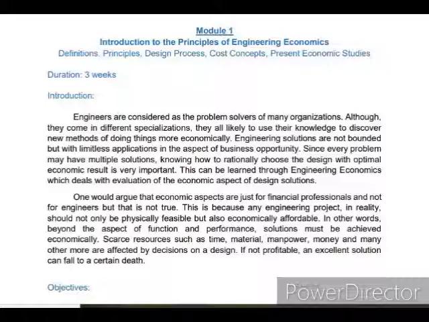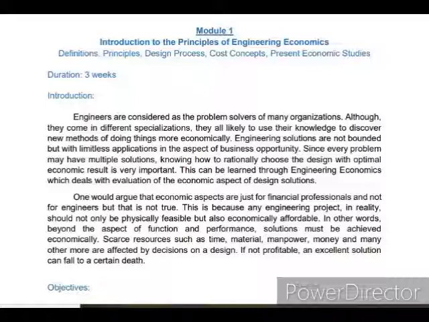A problem may have so many solutions, but we engineers don't easily select a solution. We are going to digest the very best, or better, solution. Knowing how to rationally choose by studying the economic aspects can be learned through engineering economics, which deals with the evaluation of the economic aspect of design solutions.